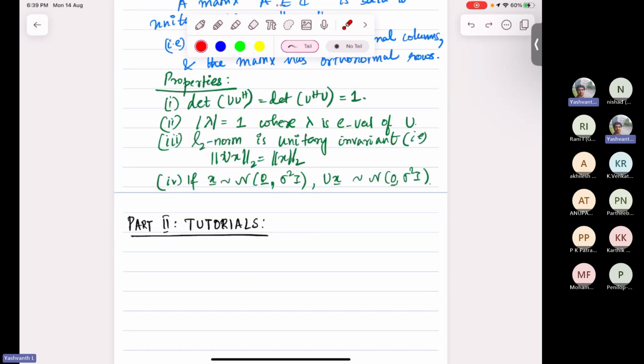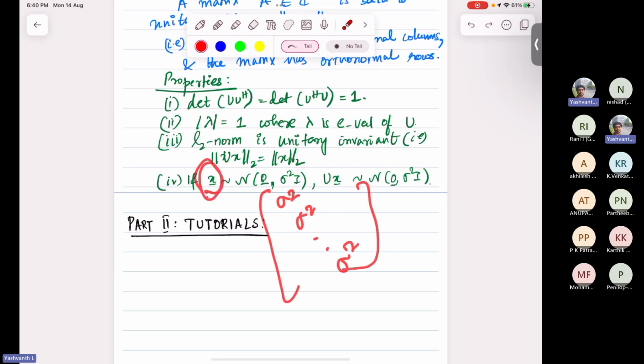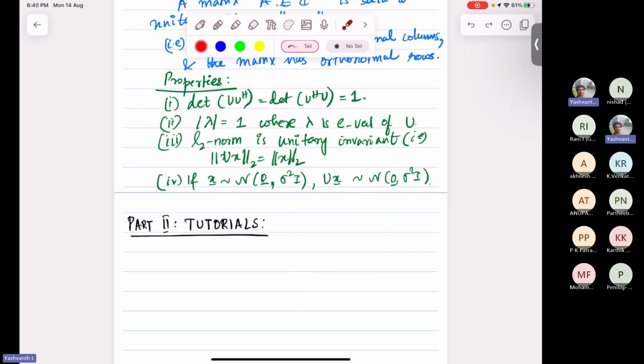Similarly, if there is any Gaussian random vector x distributed with mean 0 and covariance sigma square I, where I is the identity matrix, sigma square means all entries have the same variance. What does it mean? X is a Gaussian random vector with zero mean and off-diagonal entries zero, meaning the elements are uncorrelated, all with variance sigma square. That means all elements are independent and identically distributed.